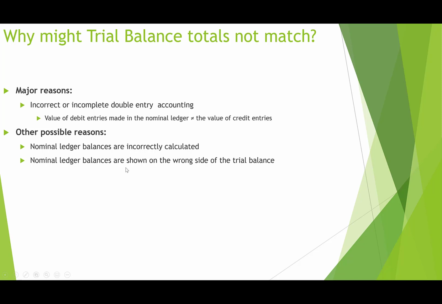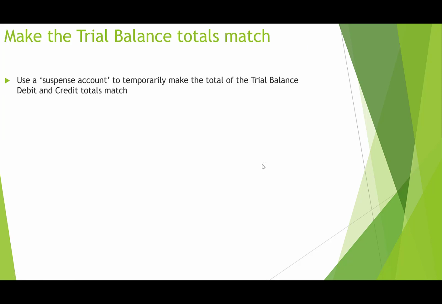And a rather silly error would be if you put, say, an asset value, remember, asset value should go on the debit side of the trial balance, but if you put it by chance on the wrong side, on the credit side, that would of course cause your trial balance not to match. So what we need to do, as a temporary measure, is create a suspense account just to make the trial balance.